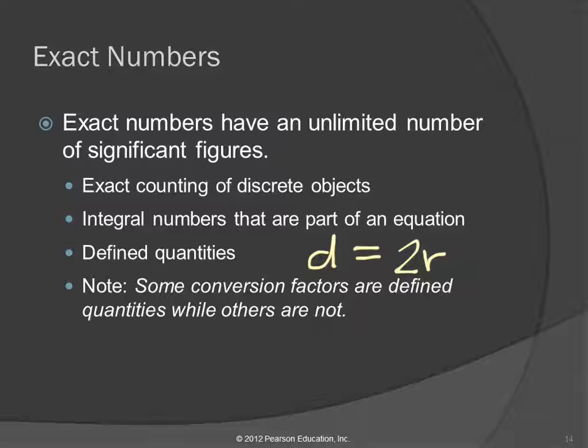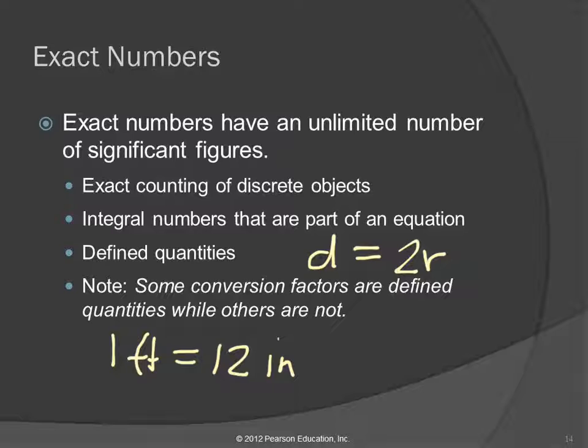And defined quantities we mostly see in conversion factors. Some conversion factors are defined and others are not. You think of 1 foot equals 12 inches. A foot and an inch are defined in that way. That relationship is exact. I'm trying to think of something else.